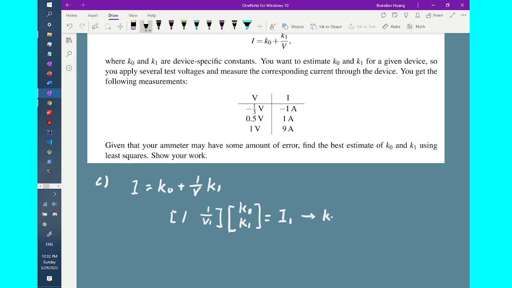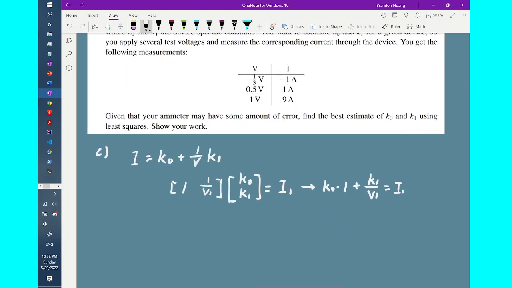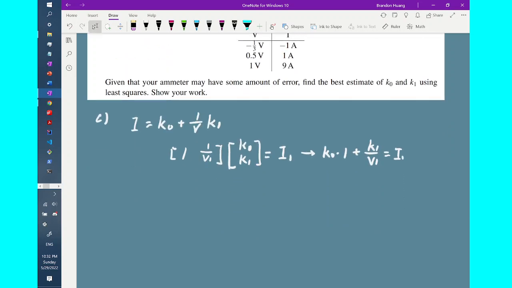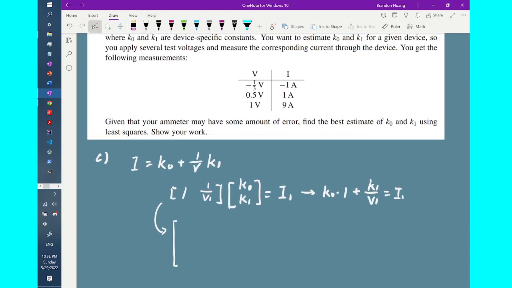Such that k0 times 1 plus k1 over v1 is equal to I1, for v1 and I1 being a pair of measurements. So in other words, if I expand this matrix to have multiple rows, which stands for multiple measurements, and so as for the measurements of currents, I can have a matrix vector multiplication system that looks like this.